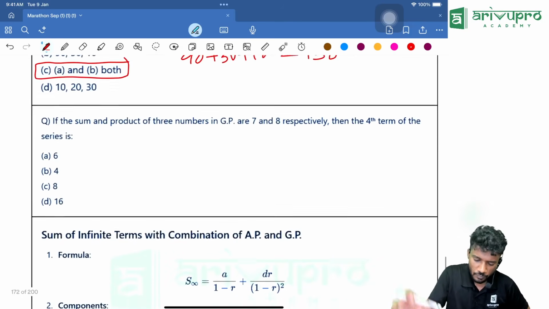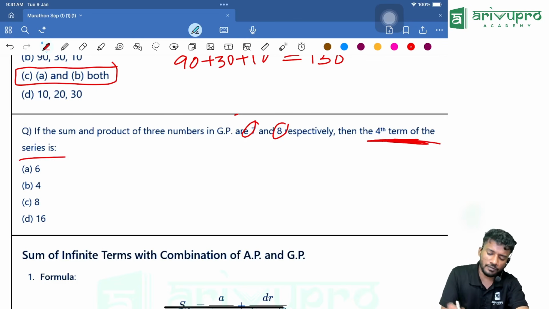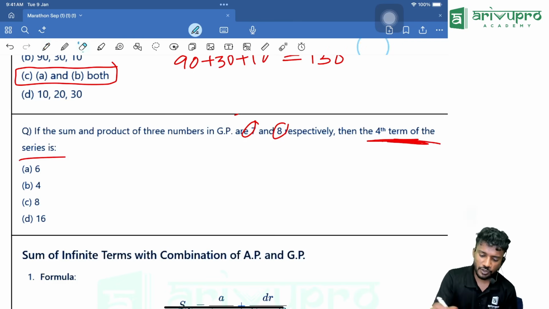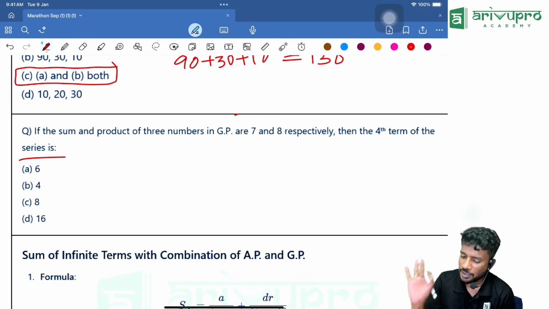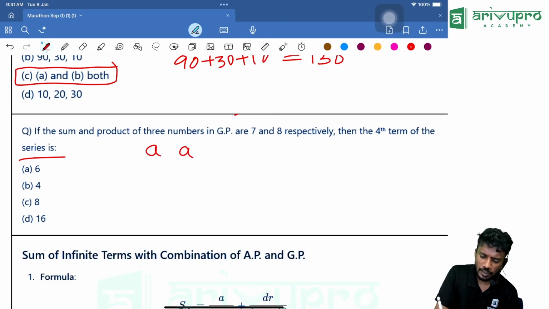Now, if the sum and product of 3 numbers in GP are 7 and 8 respectively, then the fourth term of the series is what? You will assume A, AR and AR square, these are the first 3 numbers.